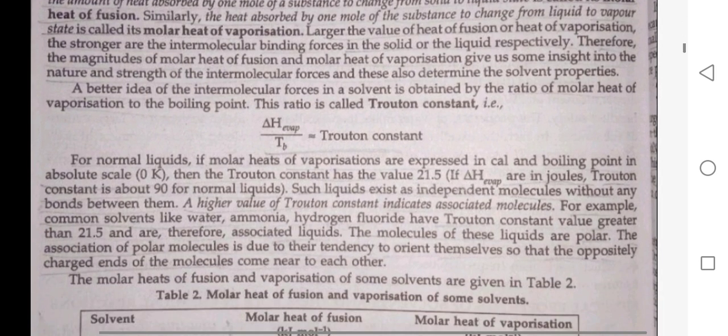For normal liquids, if molar heat of vaporization is expressed in calories and boiling point in absolute scale, degrees Kelvin, then Trouton's constant has the value 21.5. If delta H evaporation is in joules, Trouton's constant is about 90 for normal liquids. Such liquids exist as independent molecules without any bond between them. A higher value of Trouton's constant indicates associated molecules.